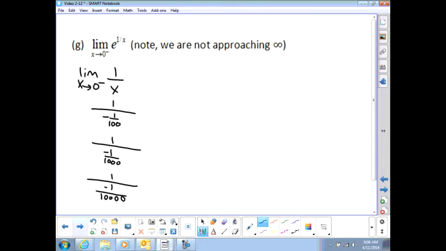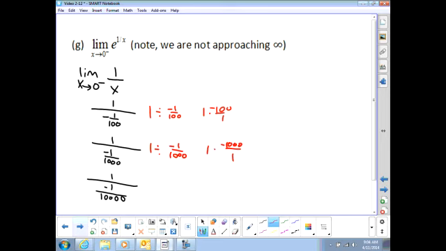Well, what these numbers really are, by keep, change, flip, this is really 1 divided by negative 1 over 100, which is really 1 times negative 100 over 1. This is really 1 divided by negative 1 over 1,000, which is really 1 times negative 1,000 over 1.